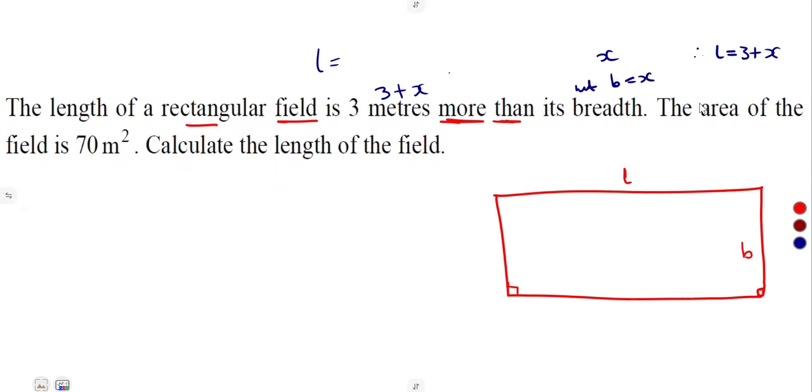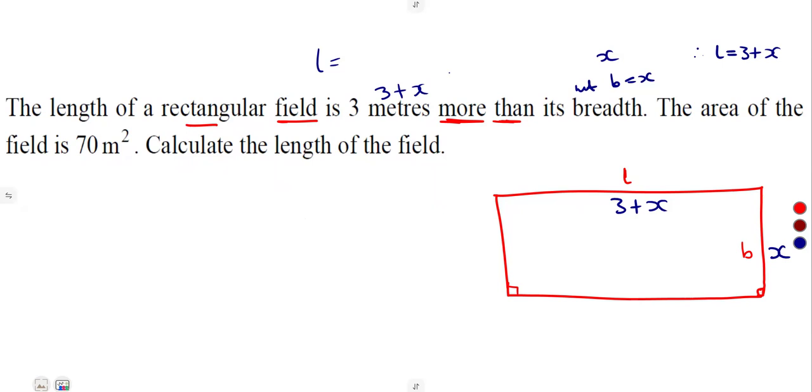Where you see the length, it is 3 plus x, and where you see the breadth, it is x.